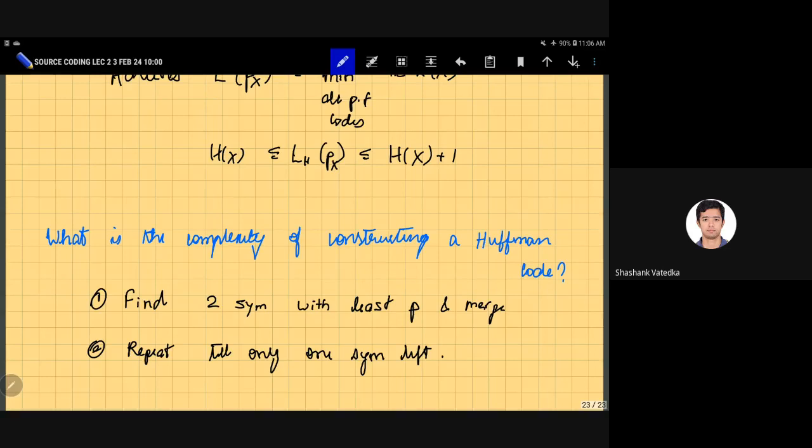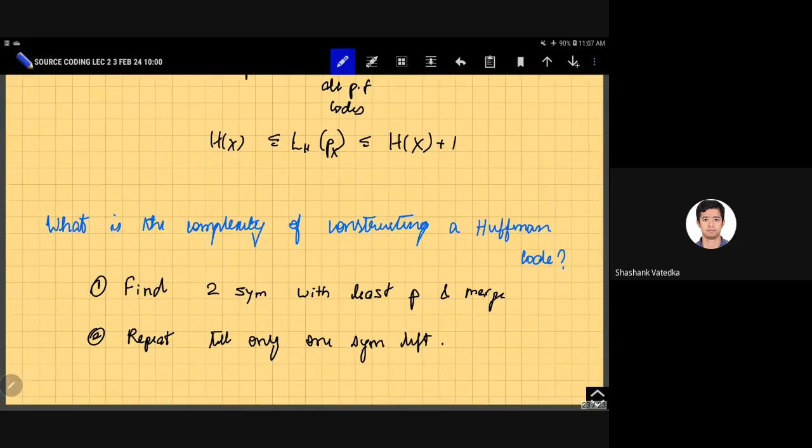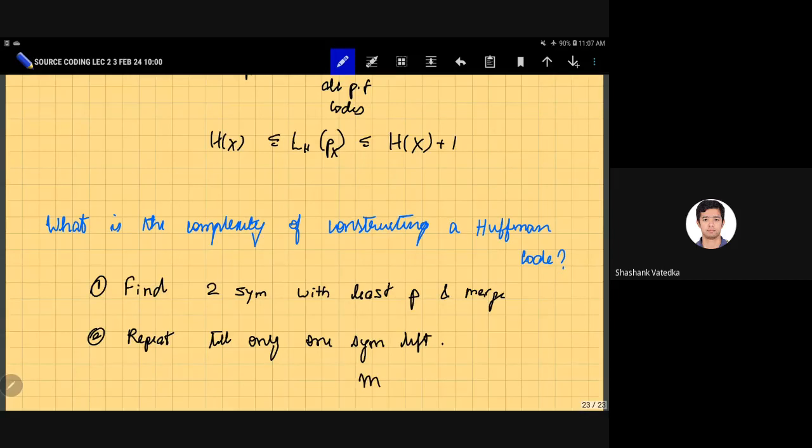Can someone tell me, at least roughly, what is the complexity? I don't want the exact number of operations, but if I want to construct a Huffman code on, say, m alphabets, so if the alphabet size is m, then how many operations would be required to construct the Huffman code for this?